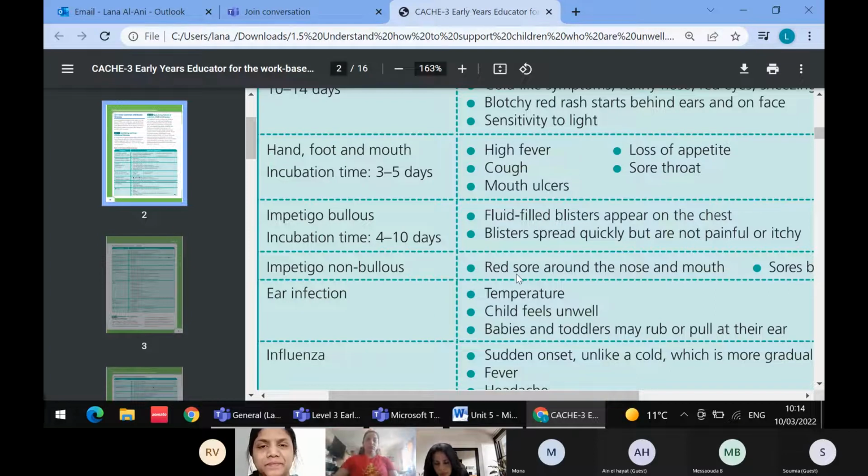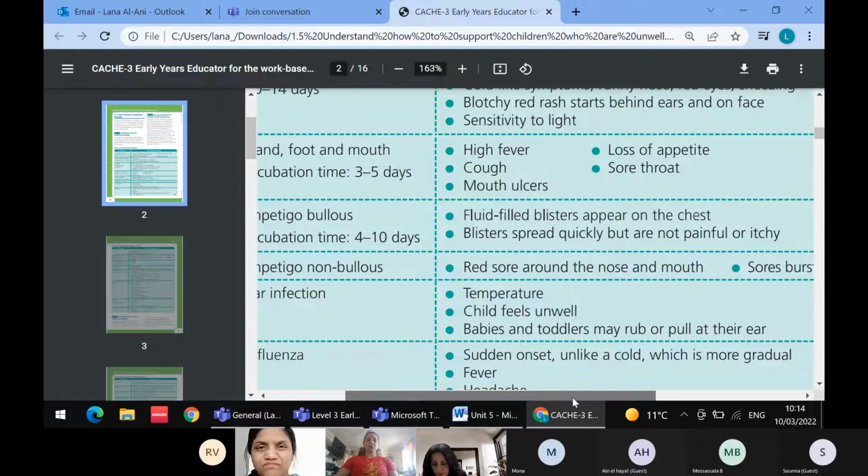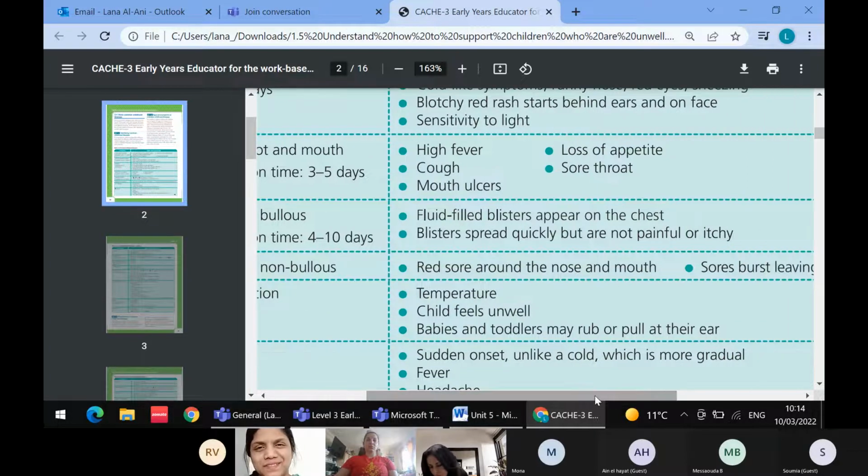How about impetigo bulls? The incubation time is between 4 to 10 days. What do you notice on the kid? Don't have any idea about it. You will find the blisters, but these blisters will be fluid filled. So you will see there is fluid in these blisters.